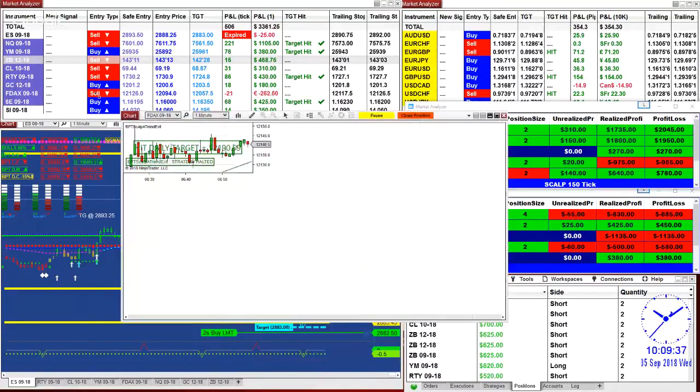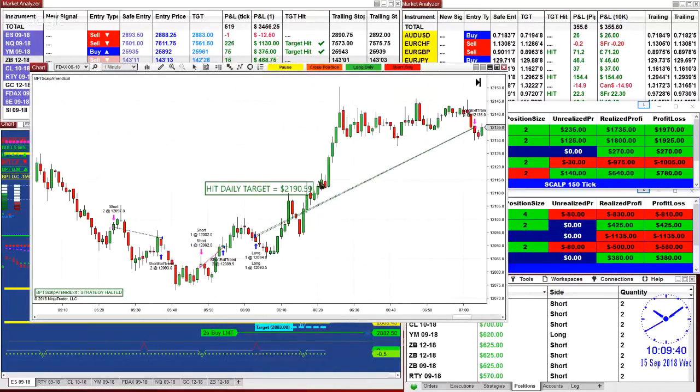I don't have a daily target of 2,000; what I have is a daily target of 1,000. With the auto trade, whether your daily target is 1,000 or 500 is irrelevant. If your target is 500 or 1,000, and you catch that trend, the auto trade is in, and the market is going in your favor, it's not going to stop at 500, and it's not going to stop at 1,000 or 2,000 if this market is trending.